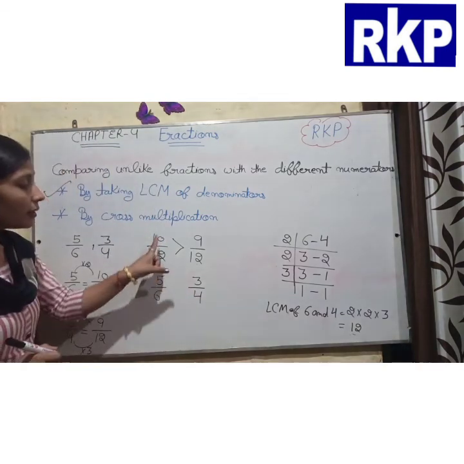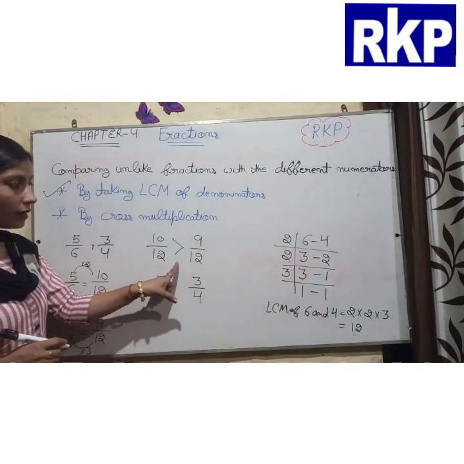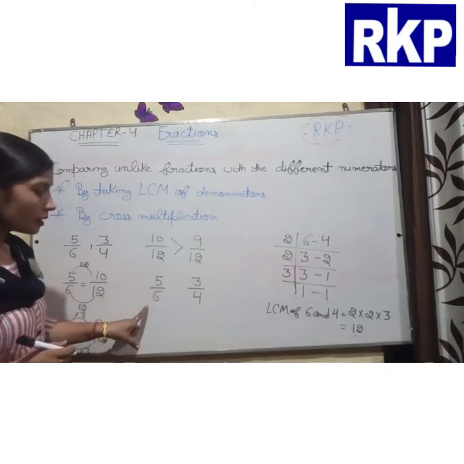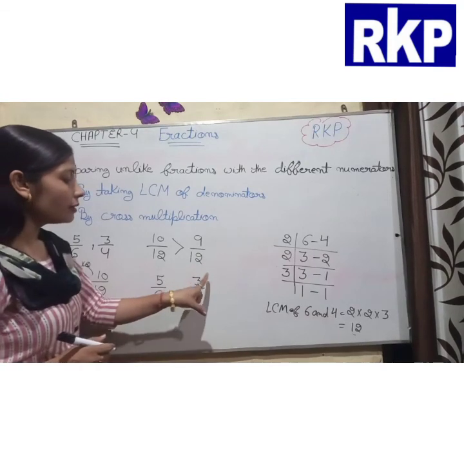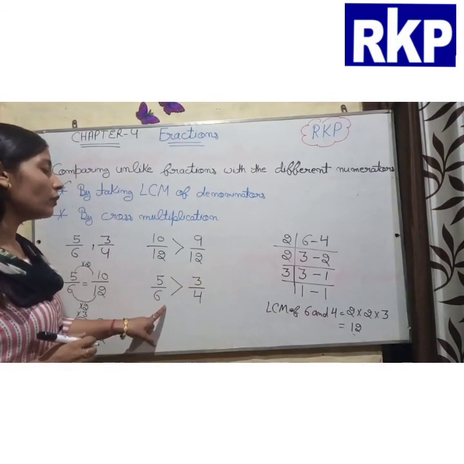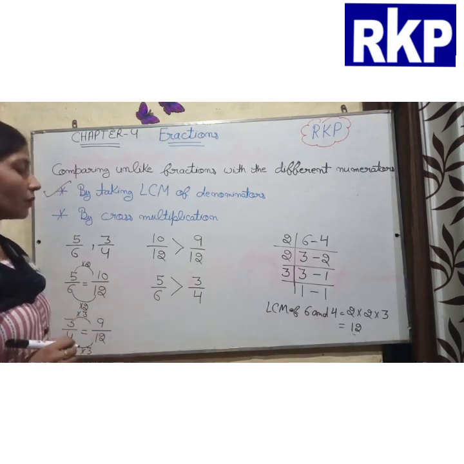And if 10 by 12 is greater than 9 by 12, then 5 by 6 is also greater than 3 by 4. So in this way we can compare these fractions.